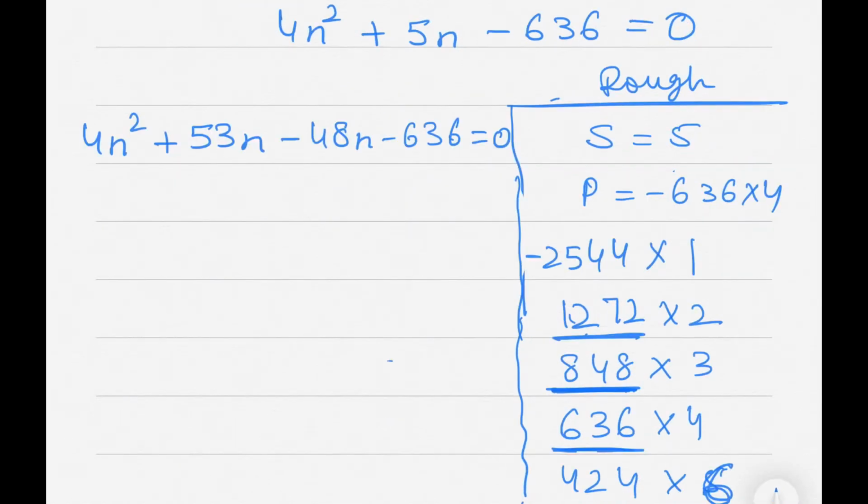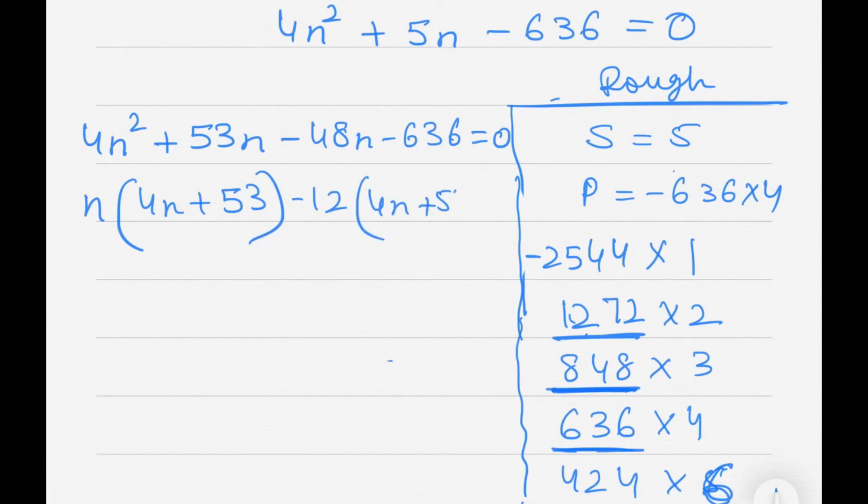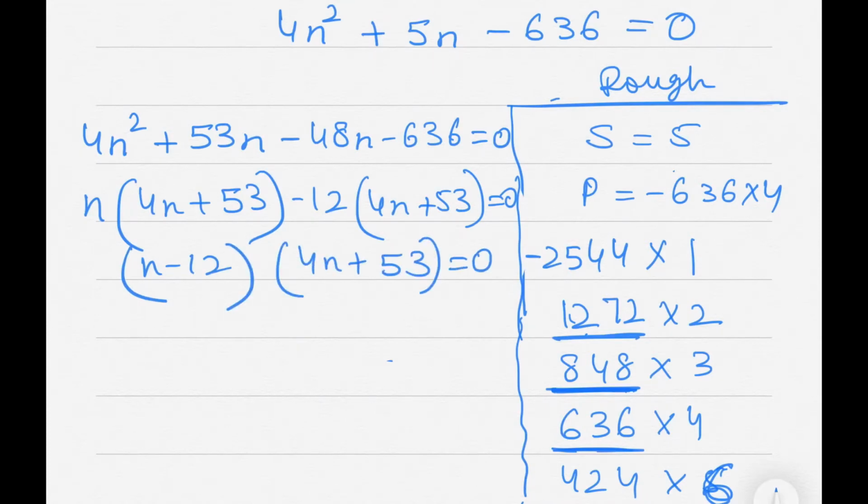Okay, now n is common here, so I'm left with 4n plus 53, and here minus 12 is common, 4n plus 53, right? So now my factors are n minus 12 and 4n plus 53 is equal to 0.